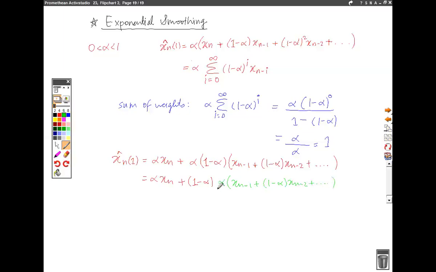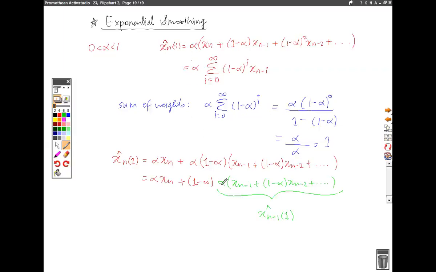If I have a nice look at what I got here, I can see that this is equivalent to x hat n minus 1, 1. If I put n minus 1 here instead, what will I get?